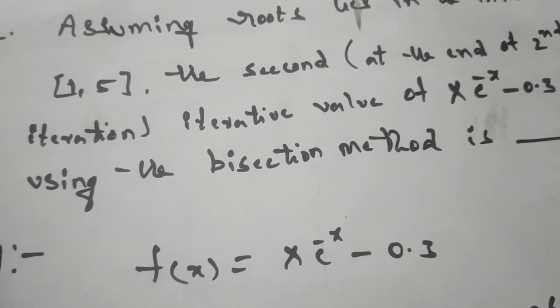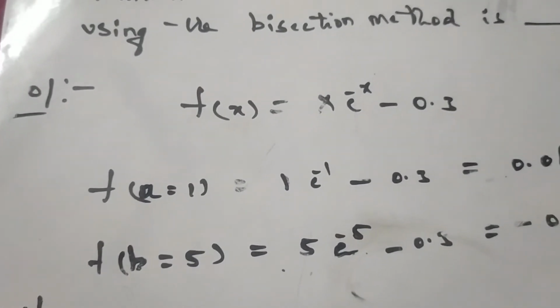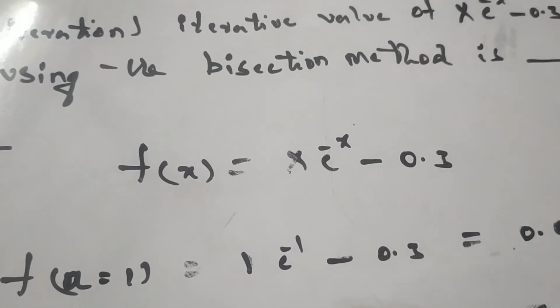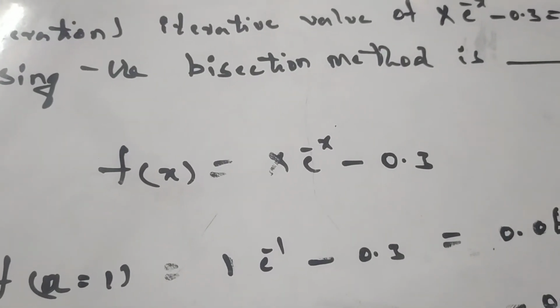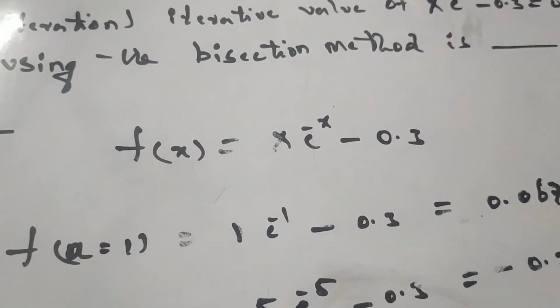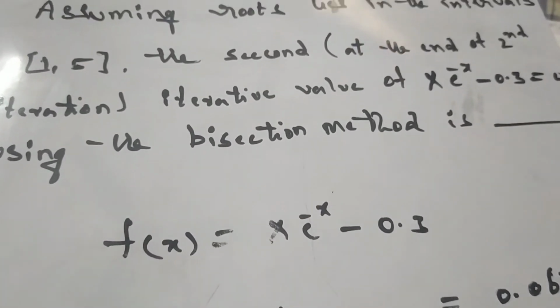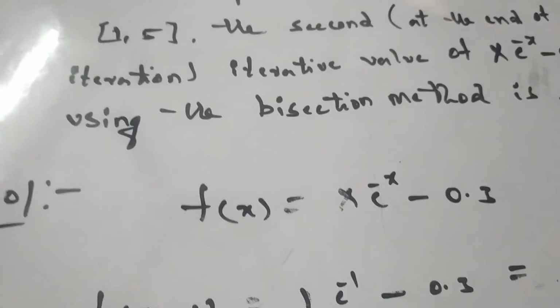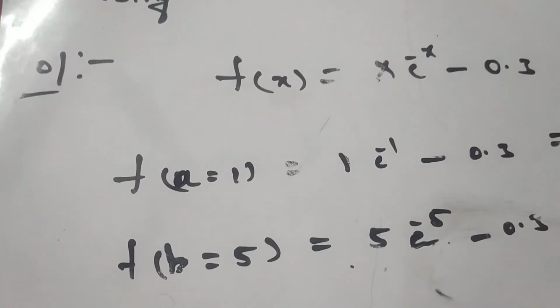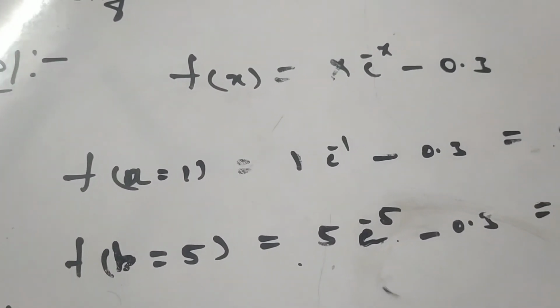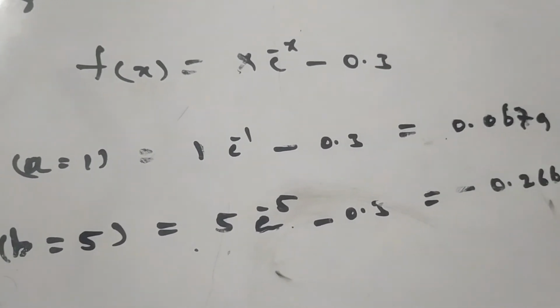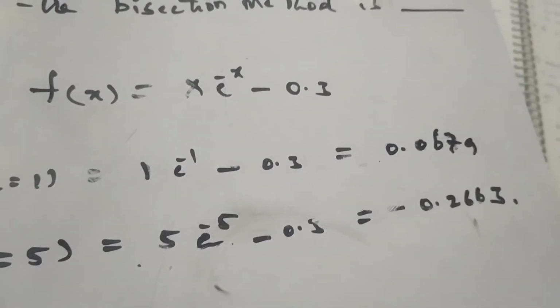With interval a equals 1, b equals 5: f of a equals 1 into e power of minus 1 minus 0.3, which is 0.0679.